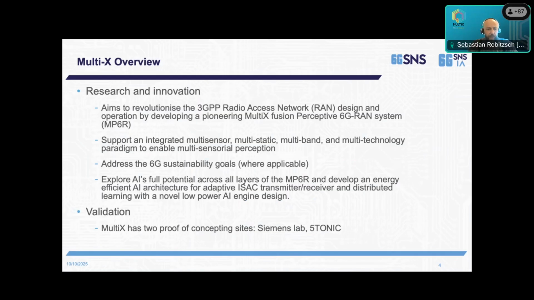So this impacts both the architecture within the RAN as well as the protocol stack. And needless to say, even though the focus is on the RAN component, no RAN can work without a core network. So take this with a pinch of salt. The project is focusing so much on RAN, but indeed we are fully aware that we also need equal support from the core network side.